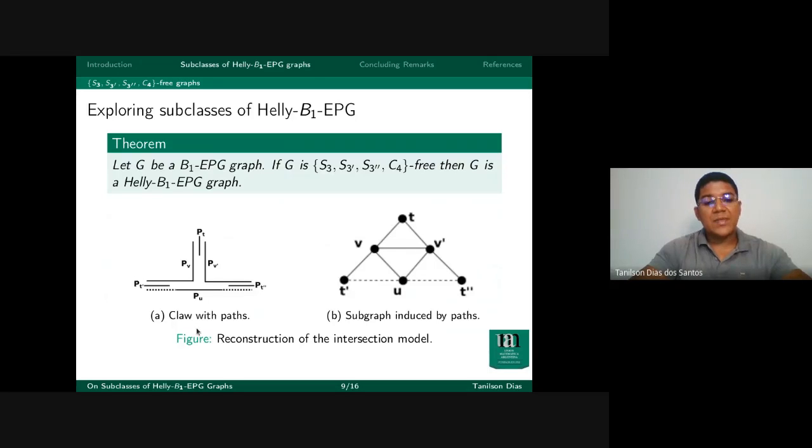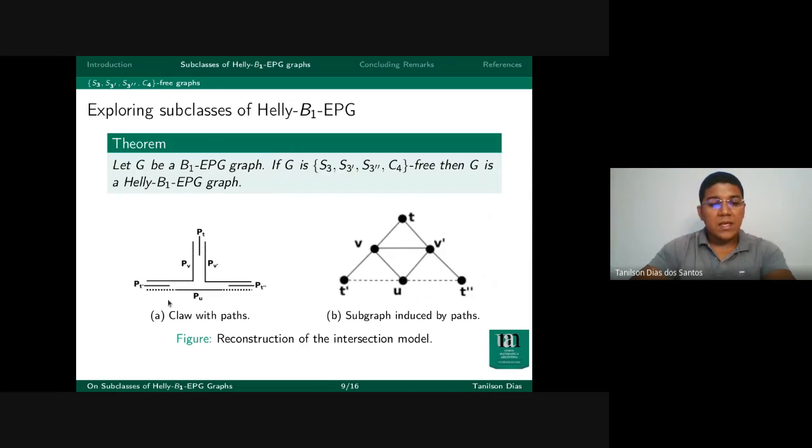In letter A, if in this claw clique there are the set of paths PV, PV line, PU, and PT, because PT does not exist, we can delete the vertical intersection between PV and PV line and make this intersection a horizontal intersection. This way, we transform this claw clique into an edge clique.